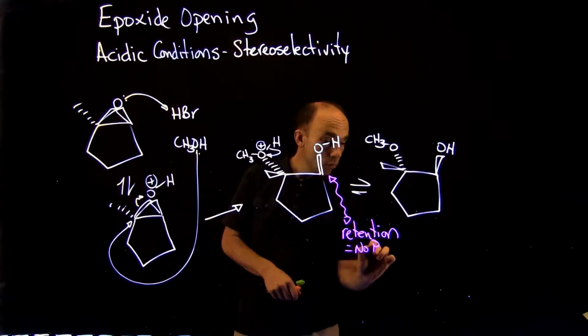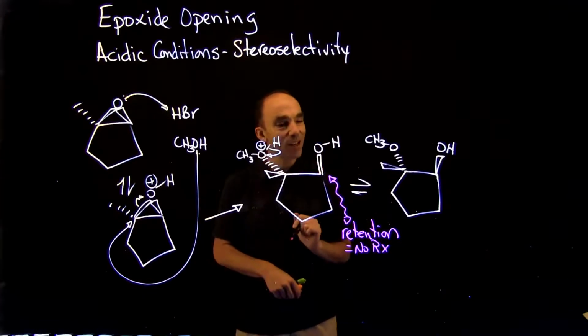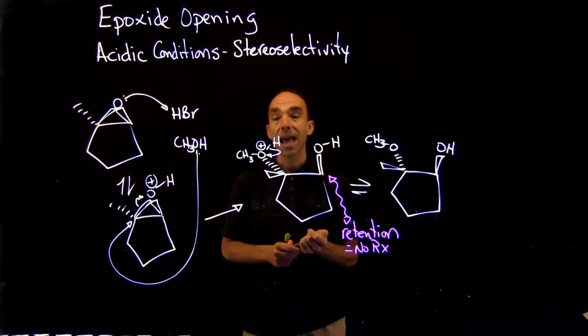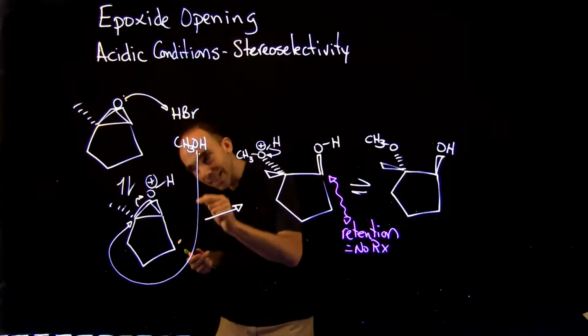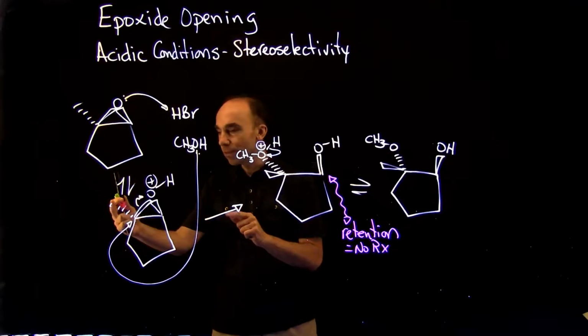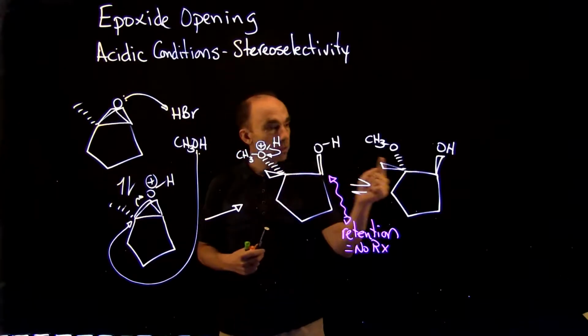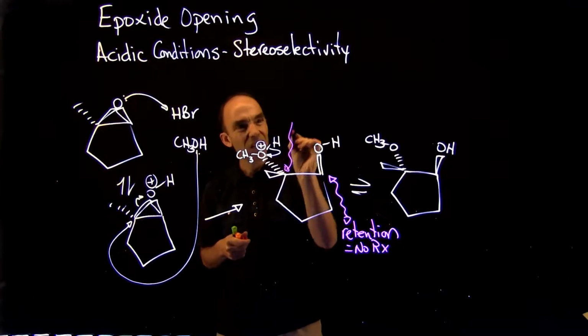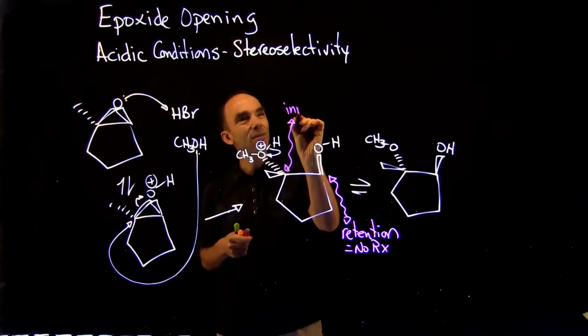There's actually no specific reaction on the carbon of this epoxide. No change, retention. In the other case, there is attack of the carbon. So we see here inversion. The methyl group that was at the back is now at the front. Same thing here. So with this, there is inversion.